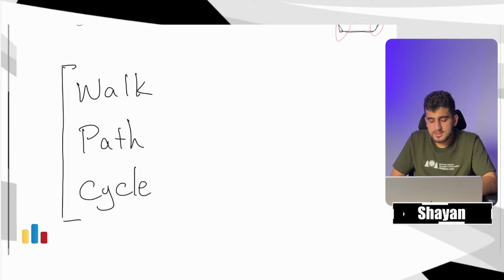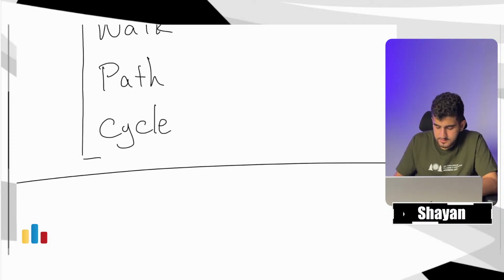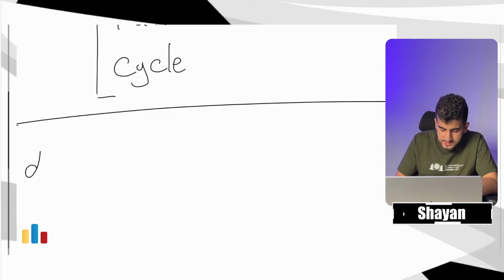So now let's say that, what do we mean by distance then? Distance of 2 vertices, u and v.